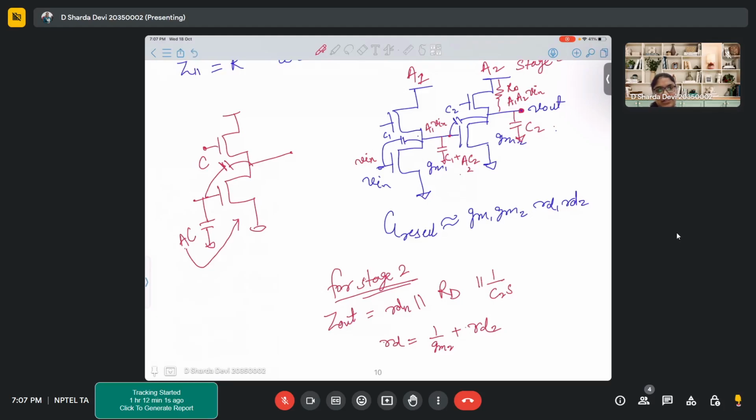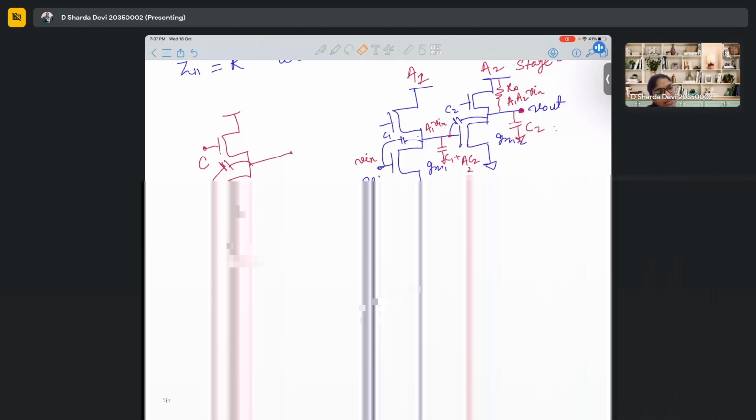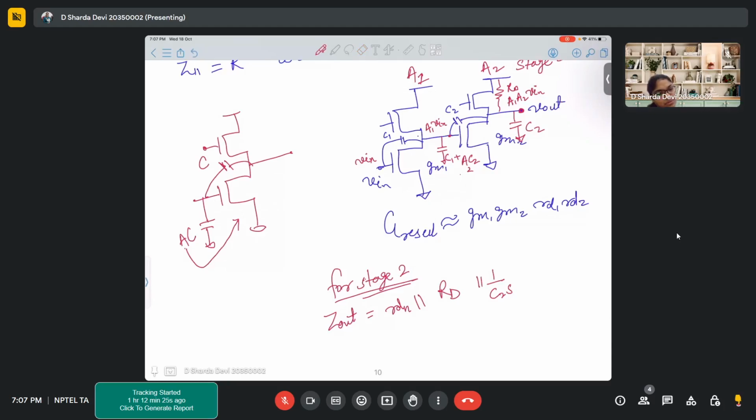No, what I'm considering is 1 upon GM2 itself, and then RD2, that is the drain resistance at the MOSFET 2, second stage, plus C2 plus C12 into S, because C12 is going to be divided by Miller's theorem, ma'am. So that we are already considering, no? This C2 is coming from the Miller capacitor. Okay, you have considered that part of it.